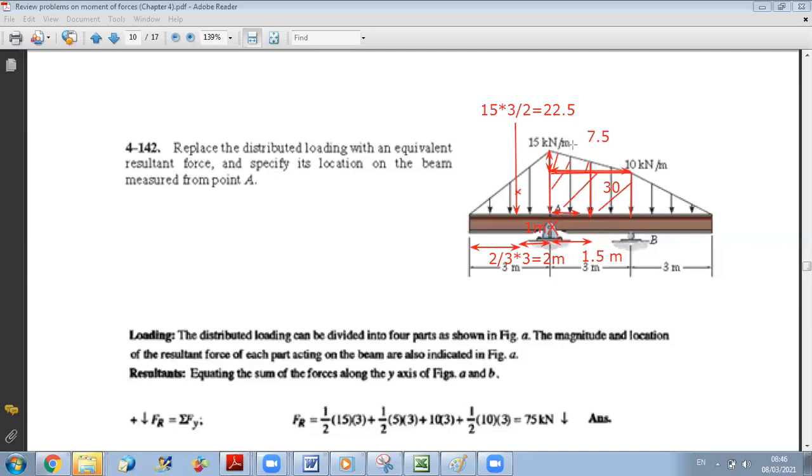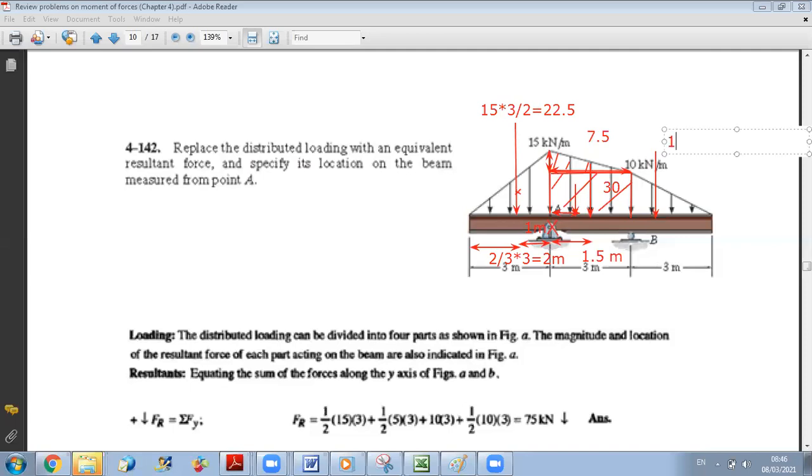Okay, and here of course you can just put it at the beam because it's applied at the beam. So it's 7.5 located at 1 meter. Okay, you still have only one triangular load. For this triangular load, the magnitude is equal to the area. The area is 10 times 3 over 2, so it's 15.